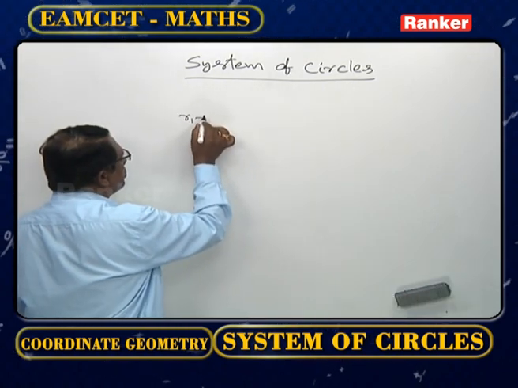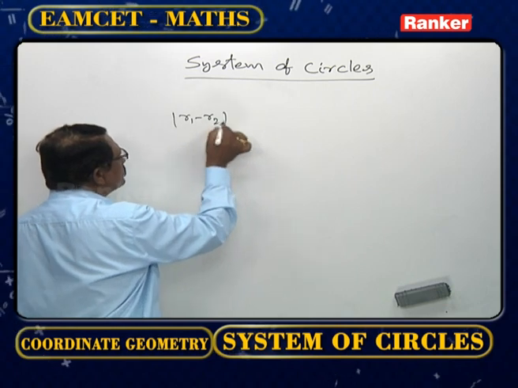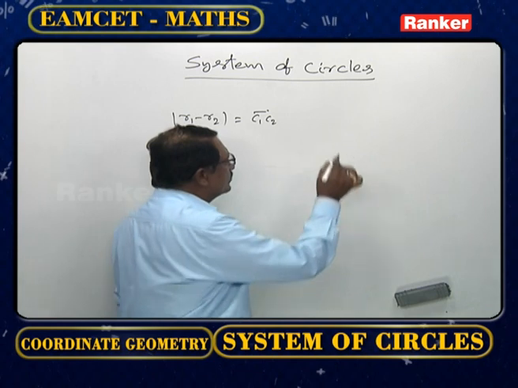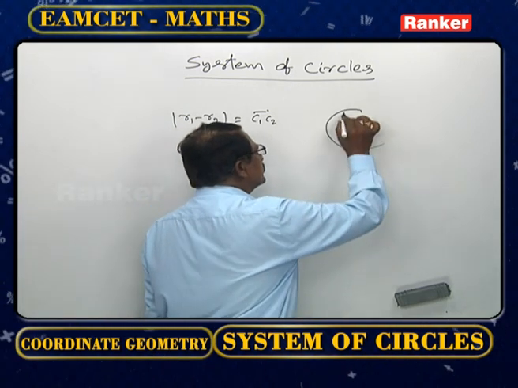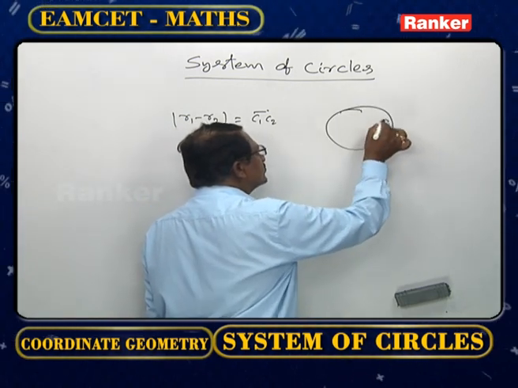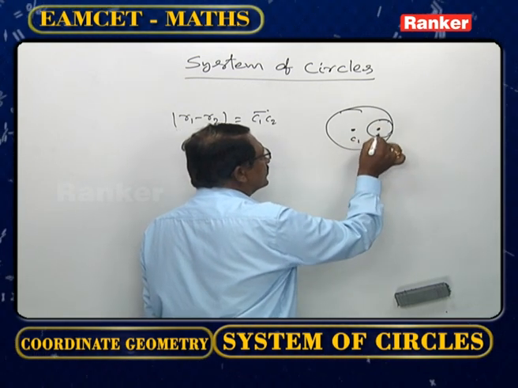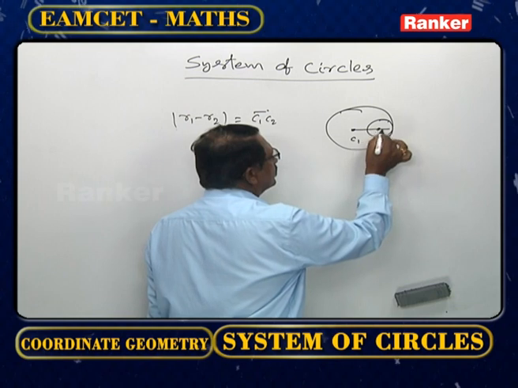If the difference of radii equals the distance between centers, in that case the circles touch internally. That is, R1 minus R2 equals C1C2, and the circles touch internally.